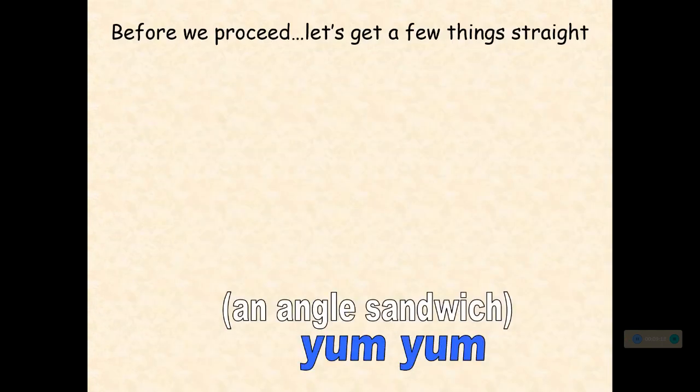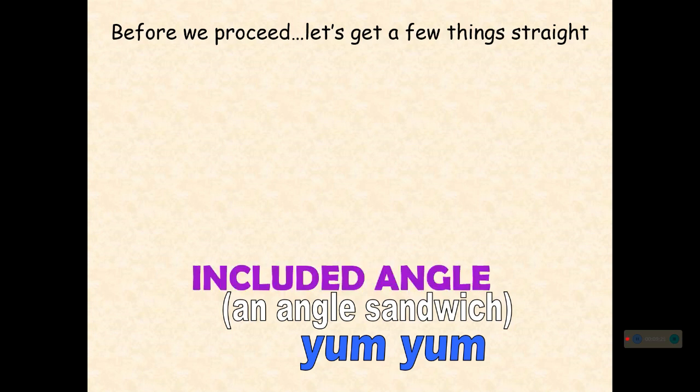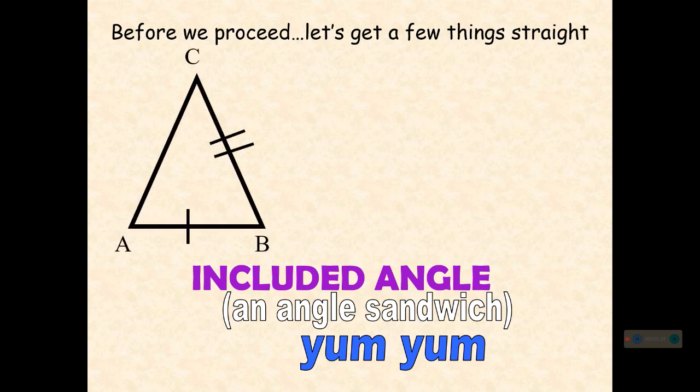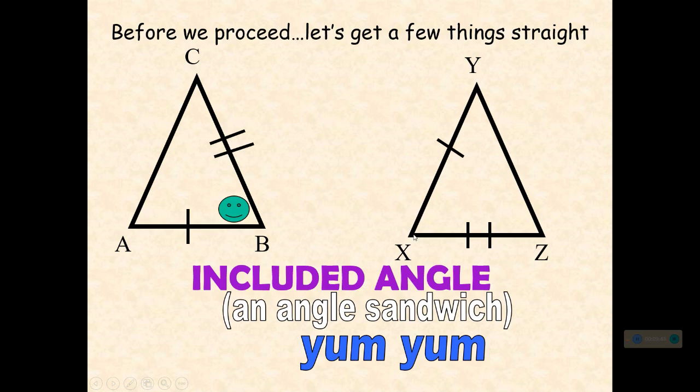Okay? So, before we proceed, let's get a few things straight. Let's have the angle sandwich, which is called the included angle. In this figure, the included angle from our given tick marks on segment AB and segment BC is angle B. And on this figure, we have the segment XY and the segment XZ with the tick marks.